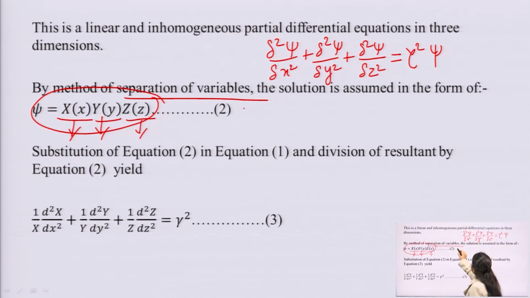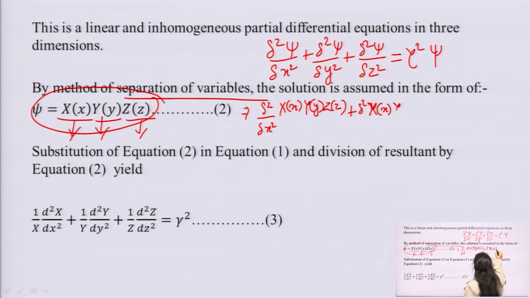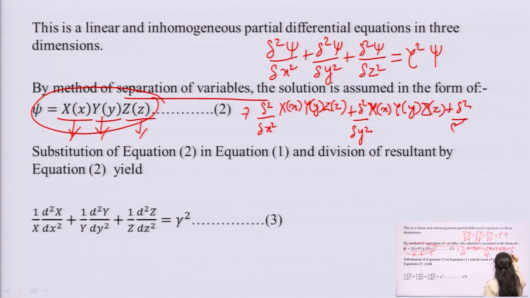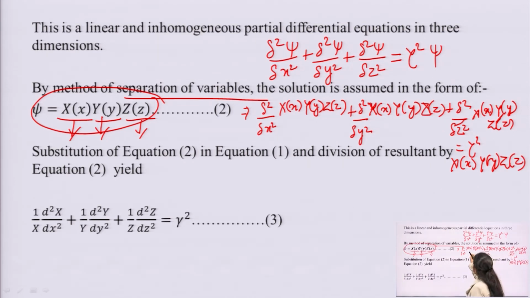So, when we substitute, we have del square... Now we already know that these two are functions of y and z.